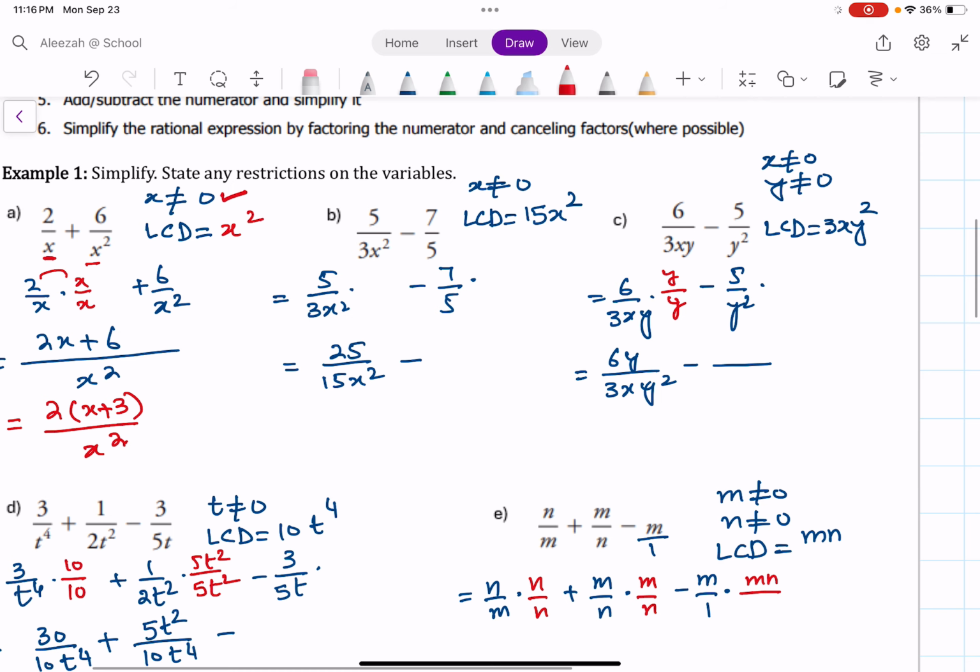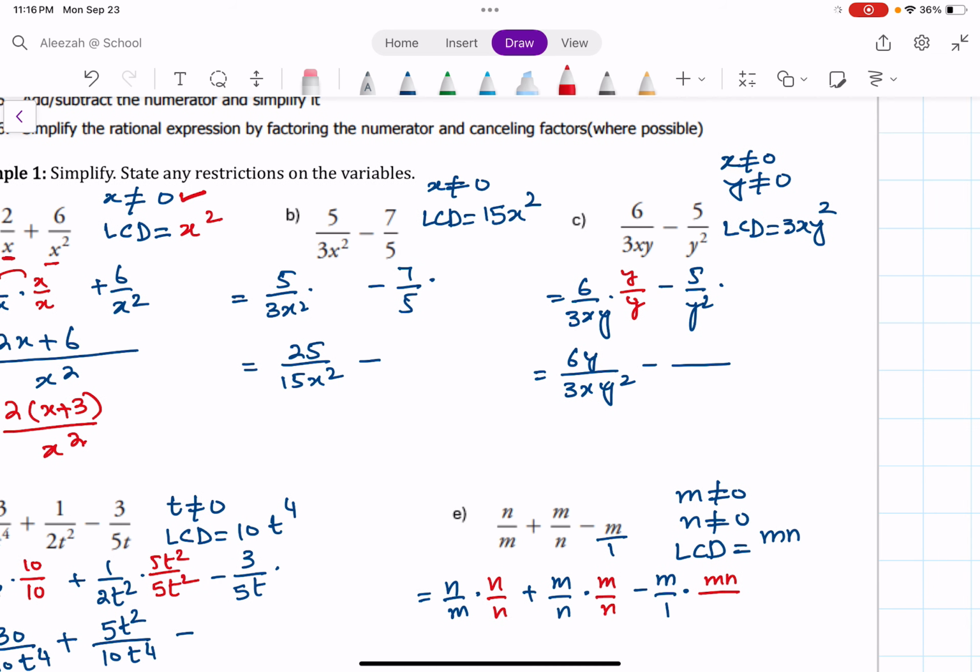Next question. Look at the denominators: it's 3x squared and 5. So the common denominator is 15x squared. To get it, I multiply the first fraction, which has 3x squared, by 5 over 5. For the next one, I have only 5, so I multiply by 3x squared over 3x squared.